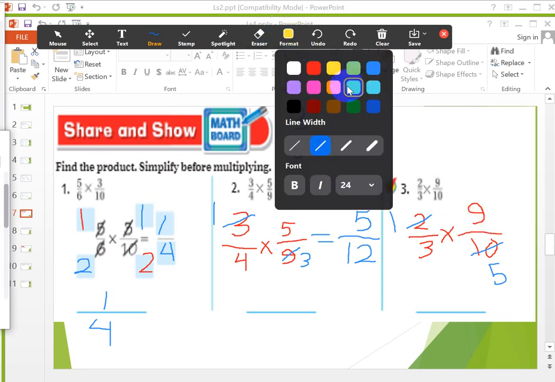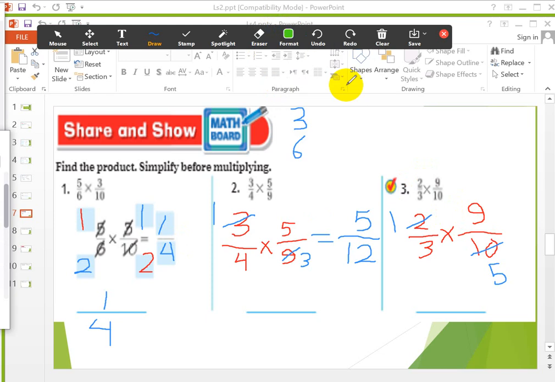Yes, Rina, open your mic. Yes, dear. Now, I want you to help me, Rina, to find the greatest common factor for the numerator in the second fraction and the denominator in the first fraction. What is the greatest common factor between 9 and 3? 9. Again, Rina. No, try again. Think about it. 3 and 9.